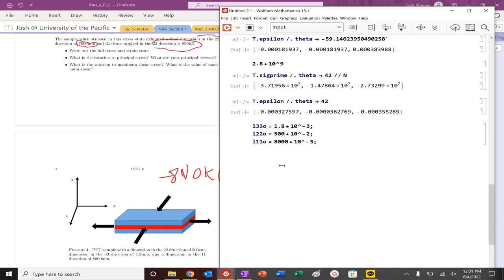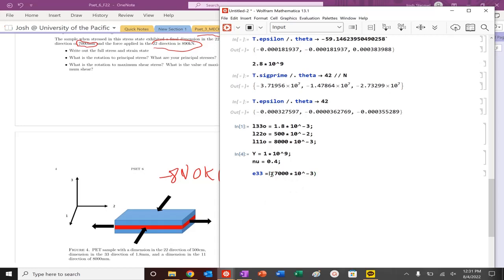All right. So we know that. We know my Young's modulus is equal to 1 times 10 to the 9th. I know my nu is equal to 0.4. And we are told the final dimension in the 2-2 direction was 7,000 times 10 to the minus 3.